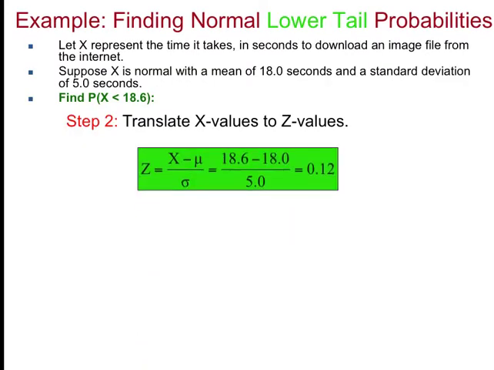Second step, we use the mean, the standard deviation and the value of interest to determine the z-score using the z-score formula.